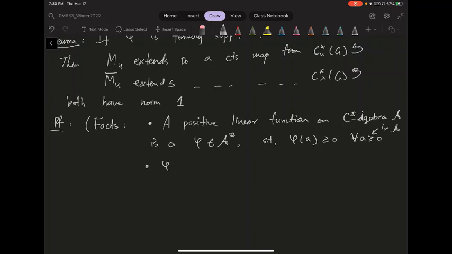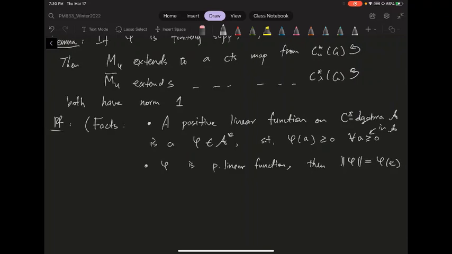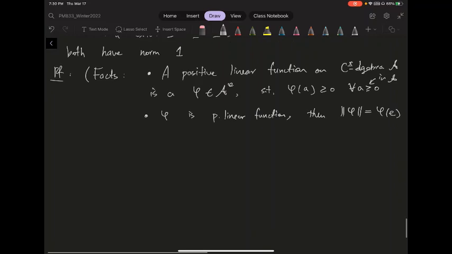And if phi is a positive linear functional, then its norm is actually very easy to compute. Its norm is just equal to phi of the identity. And if your phi of identity is equal to 1, then we call it a state.